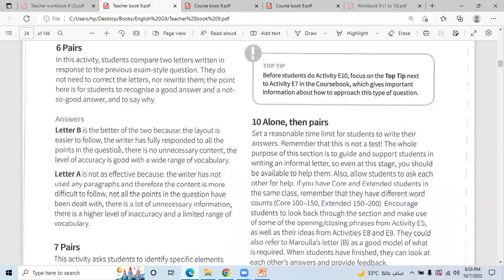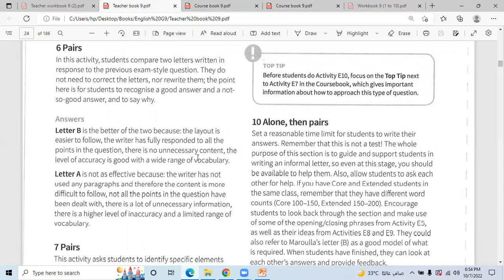Here, letter B, you can see, is better for these reasons: the layout is easier to follow, the writer has fully responded to all the points in the question, there's no unnecessary content, and the level of accuracy is good with a wide range of coverage.